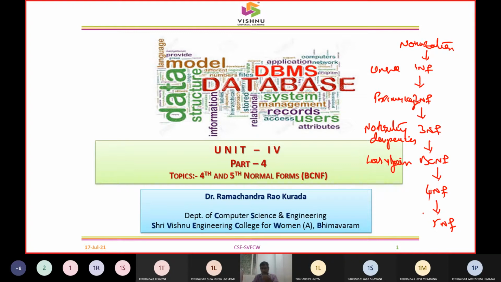Fourth normal form, multi-valued dependencies. Fifth normal form, no join dependency.